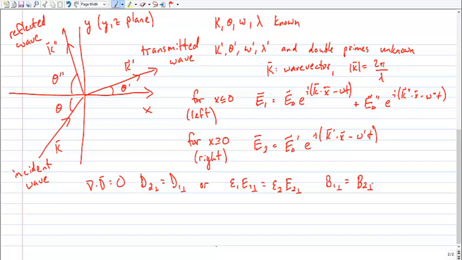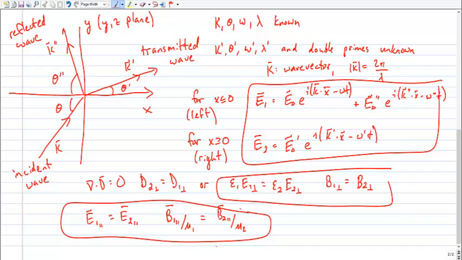We know that the parallel components of E are always continuous. And since there are no free currents anywhere, the parallel components of H are continuous, which we can, of course, write as a condition on B. So the whole problem becomes simply taking those two fields, the fields on the left and the fields on the right, and stitching them together with those four boundary conditions, or whatever subset of them we need.